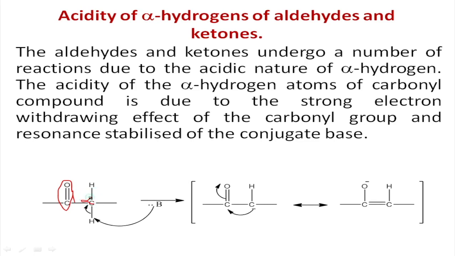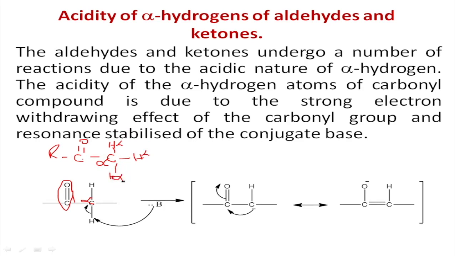So suppose R C double bond O with CH3. With respect to the functional group, this is the alpha carbon, and these are the alpha hydrogens.